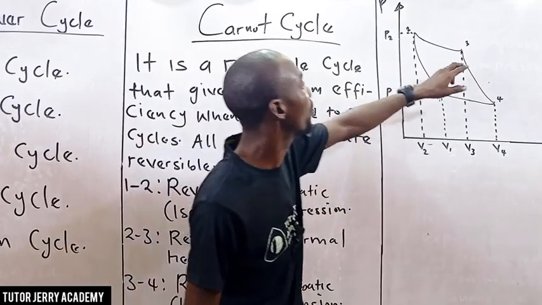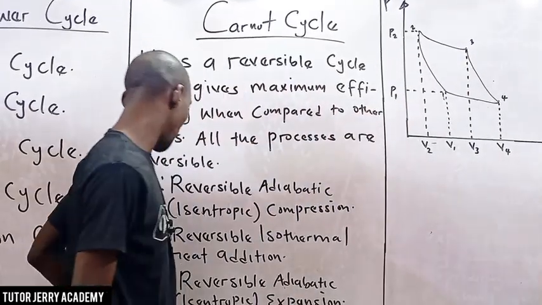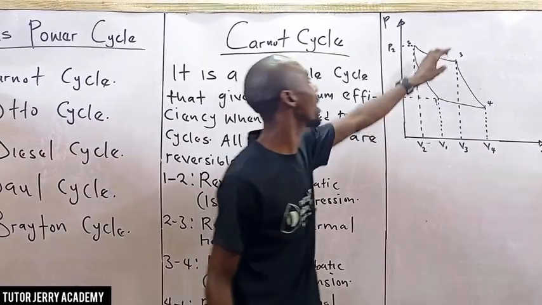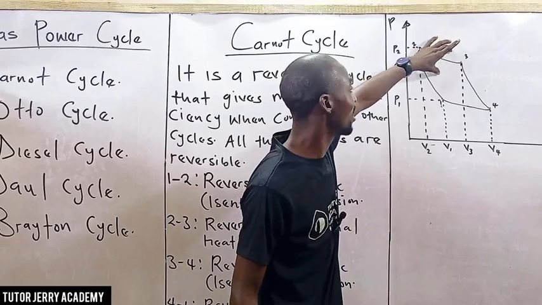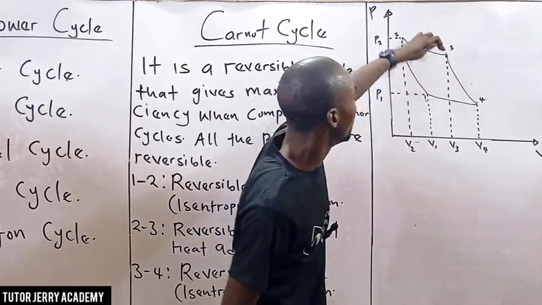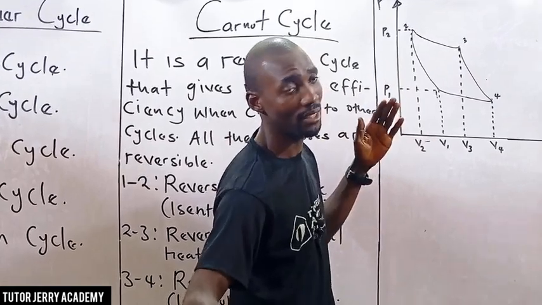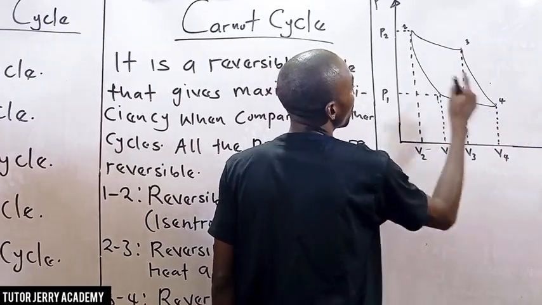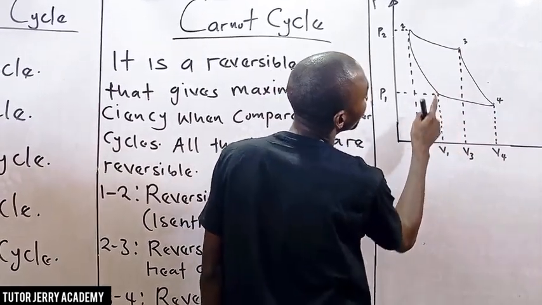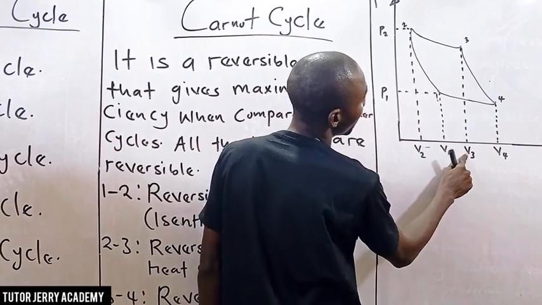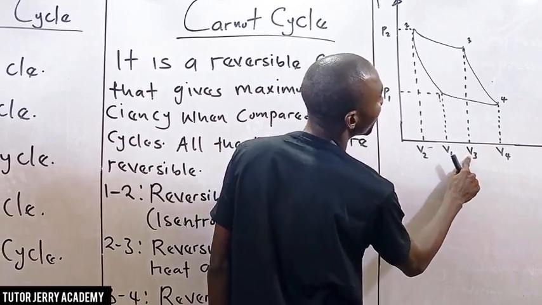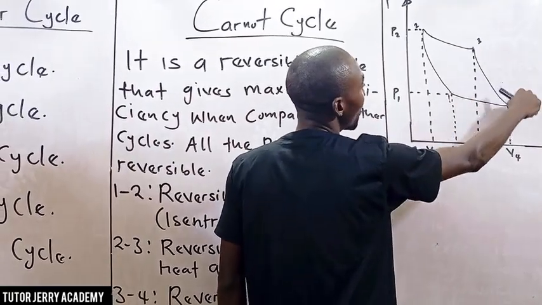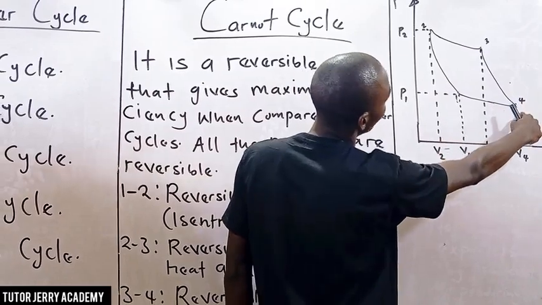For state 3 to 4, we said reversible adiabatic expansion. After heat has been added, the air now expands. You can see from this point we are having 3 to 4. The volume increases from V3 to V4, while the pressure decreases from P2 down to P4.